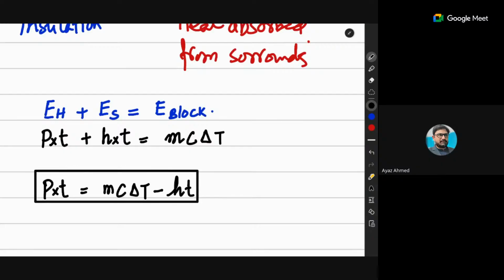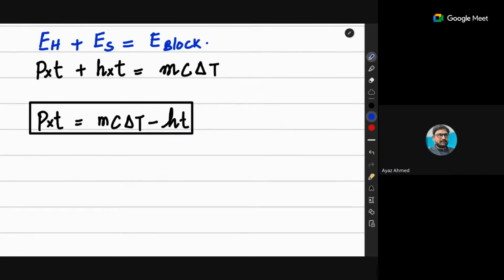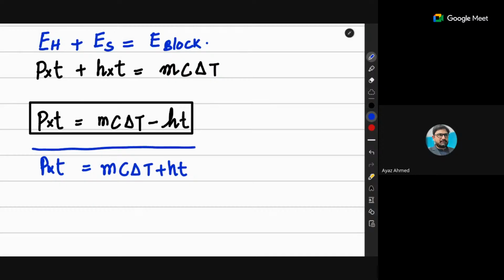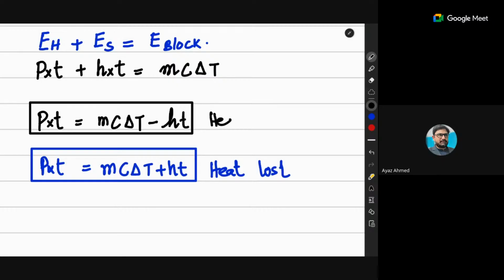When heat is lost, there will be a positive sign here. When there is a gain from the surroundings, there will be a negative sign. So I am writing both equations together for your convenience: mc delta t plus h into t is the equation for heat lost, and the above equation is for heat absorbed. Is this clear to everyone?